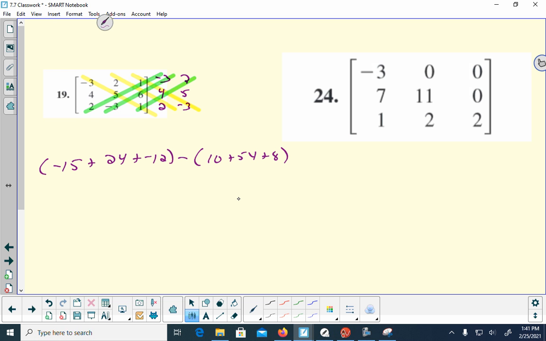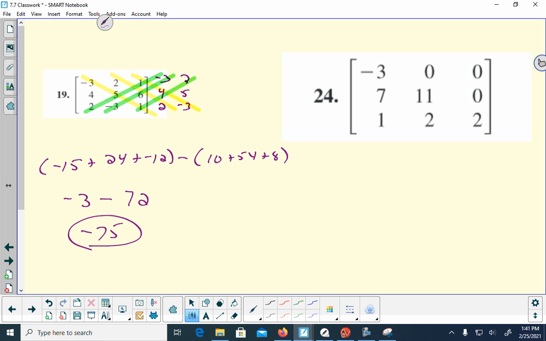And so when I add these two, negative 27, so this will be negative 3 minus, and this will be a negative 72. No, it'll be positive 72, so I'm going to subtract and get a negative 75. So that's the answer for that one.